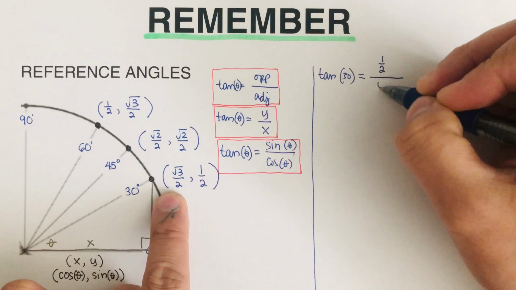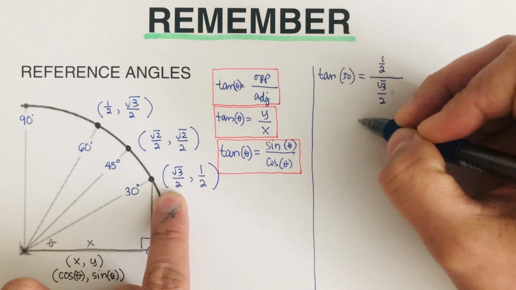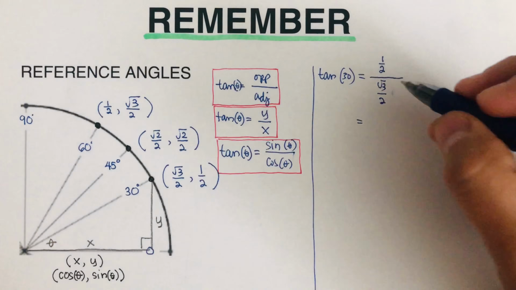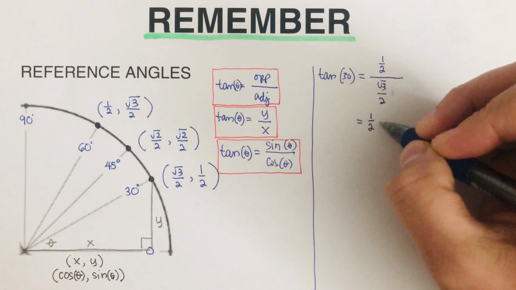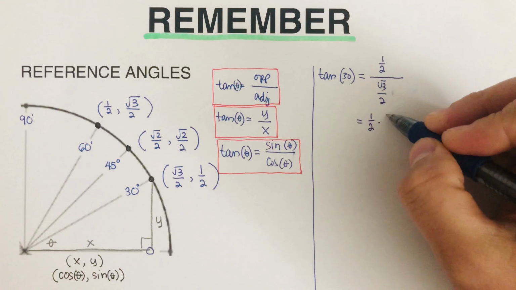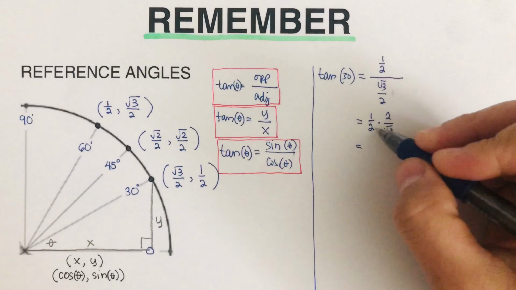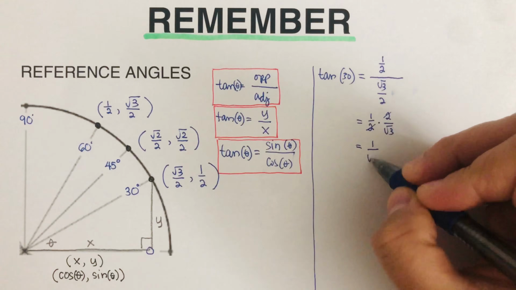Our x is square root of 3 over 2. Then we simplify this fraction over a fraction. That is 1/2 times, flip this and multiply across, 2 over square root of 3. Cross this out, and this is equal to 1 over square root of 3.